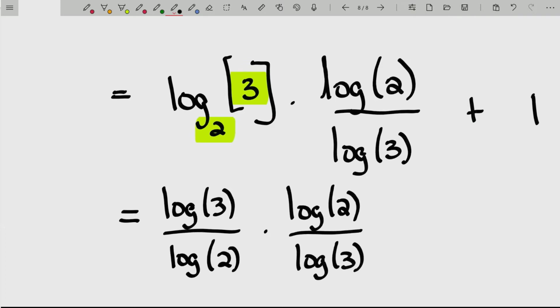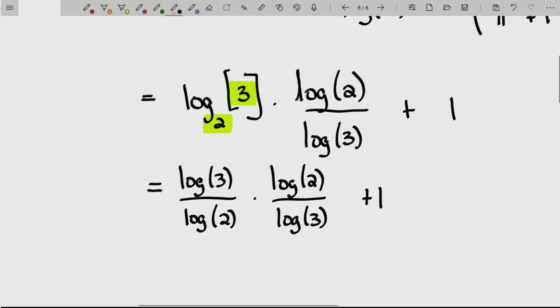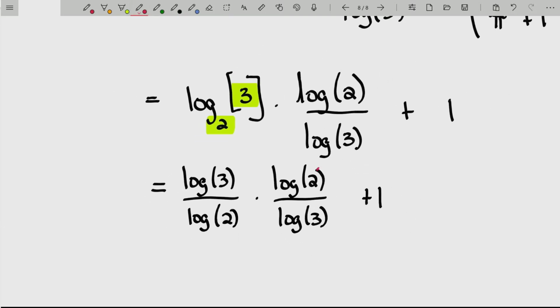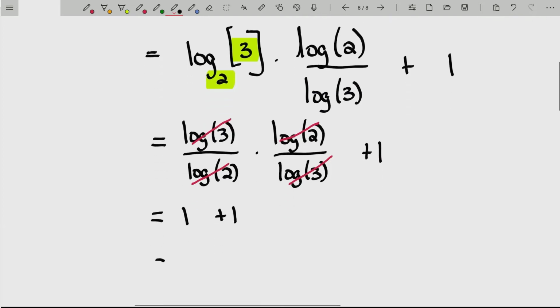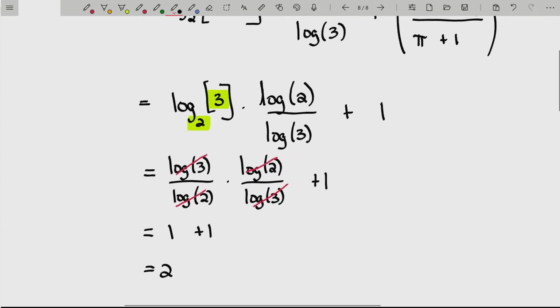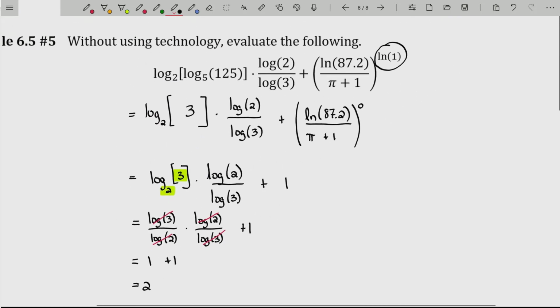I didn't need a calculator for this because there's really simply no need for a calculator. All those cancel, that becomes the number 1 plus 1. And this is just a fancy way of saying 2.